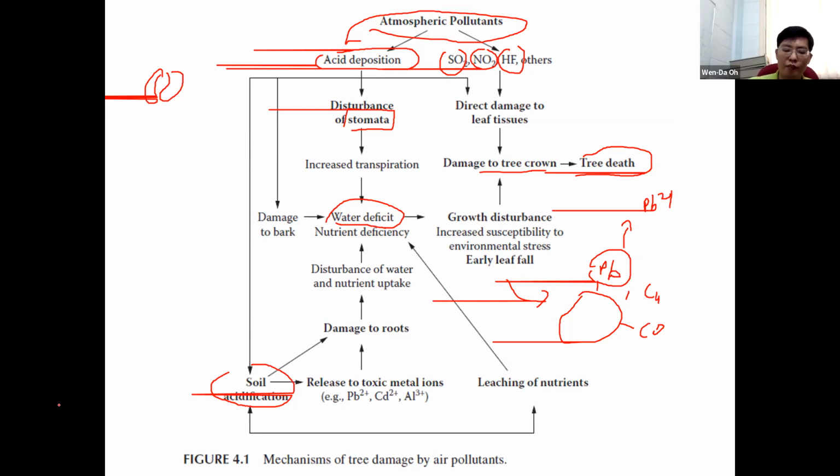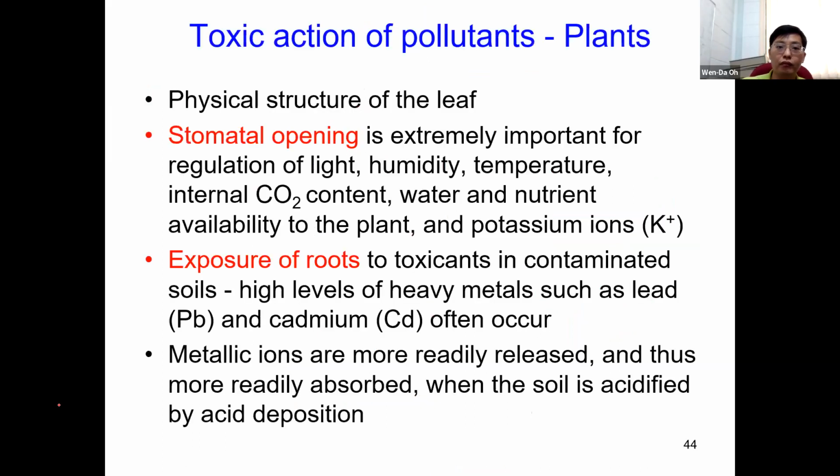This is very commonly observed in countries like Sri Lanka and Bangladesh, whereby soil acidification happens, and then arsenic is being released to their soil, making it contaminated with these arsenics. As I mentioned, stomatal opening is important because it regulates certain things like light, humidity, temperatures, and so on.